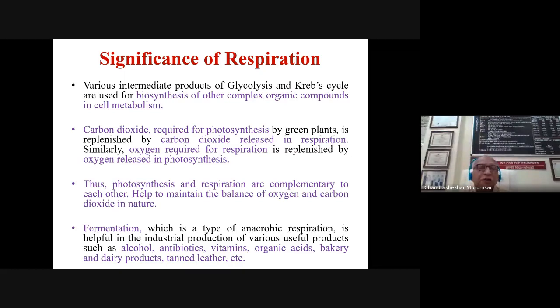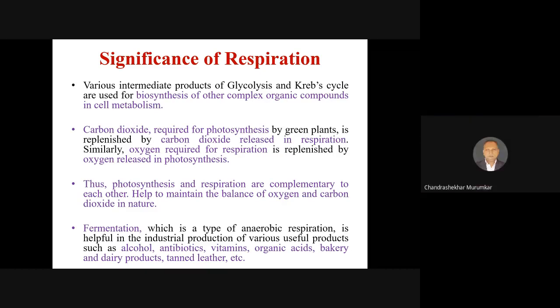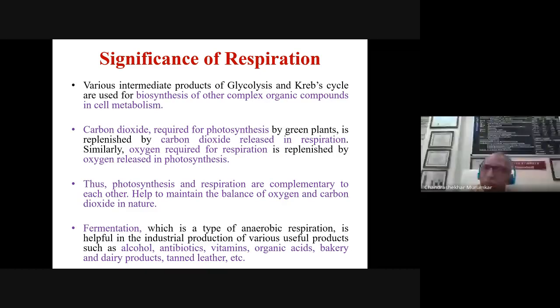When the glucose molecule is broken down, it is broken down in the oxidized form, and that's why it is released as CO2. And this CO2 ultimately is accepted by the chloroplast to regenerate the glucose molecule. Thus, the photosynthesis and respiration are complementary to each other.